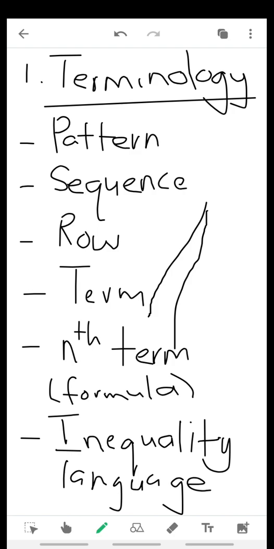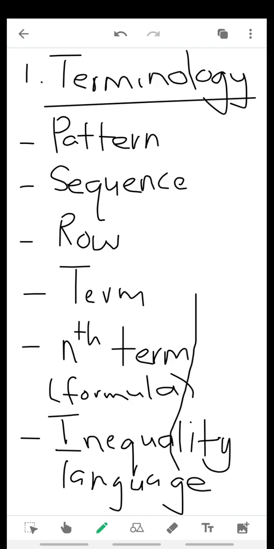And then we have what we call an nth term. What's an nth term? Remember, if I have 3, 5, 7, 9, 11, I know I keep on adding 2 to each one to get the next term. But is there a rule or a formula that can easily give me all the terms of that sequence? I may ask you, what is the value of the 850th term?